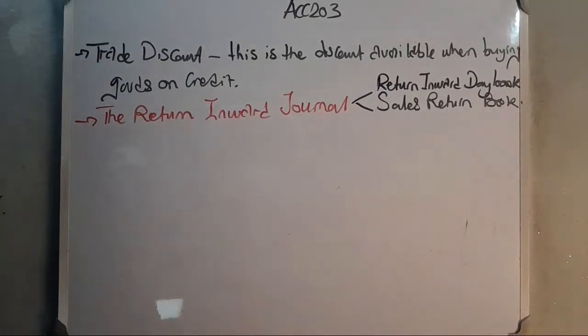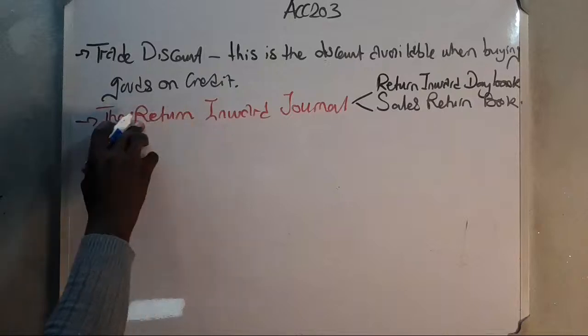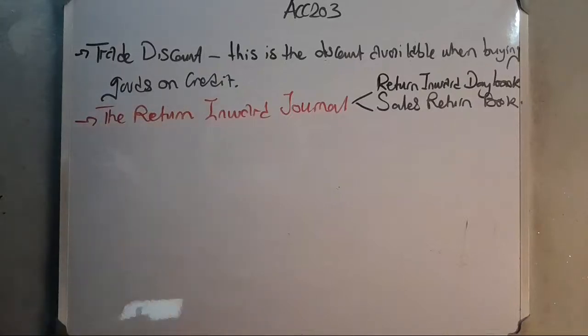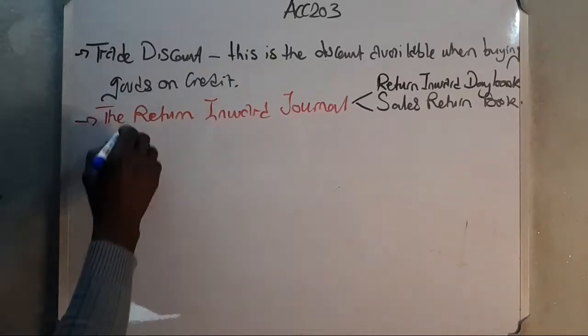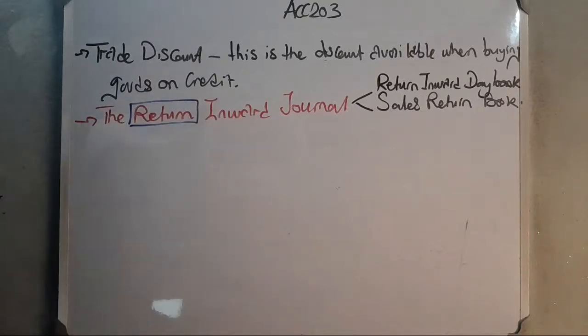Now, what do we mean when we say return inward journal? This is a book used to record goods previously sold. Let's underline the word returns.